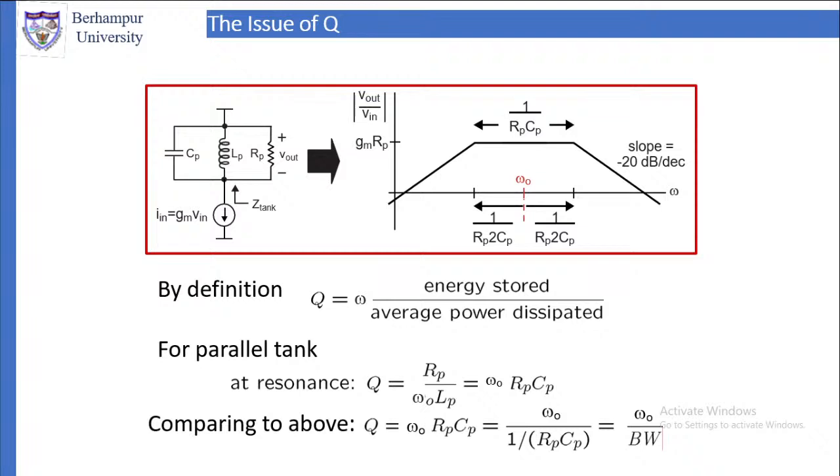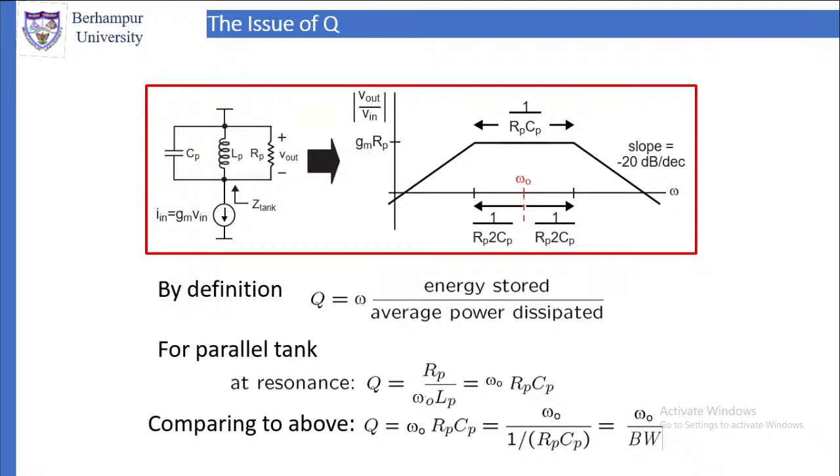By definition, Q is equal to omega into energy stored by average power dissipated, or energy stored by average energy dissipated. So that is the definition of Q. Now at resonance, when we are operating at omega 0, which is much less than Ft, Q is equal to Rp by omega 0 Lp.